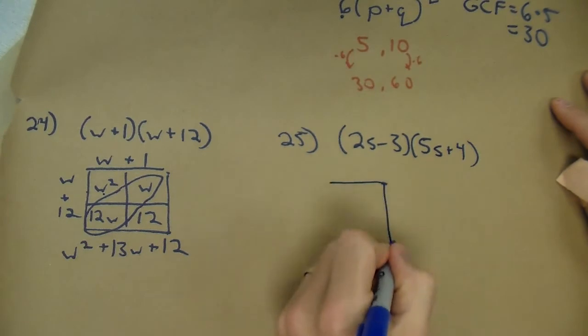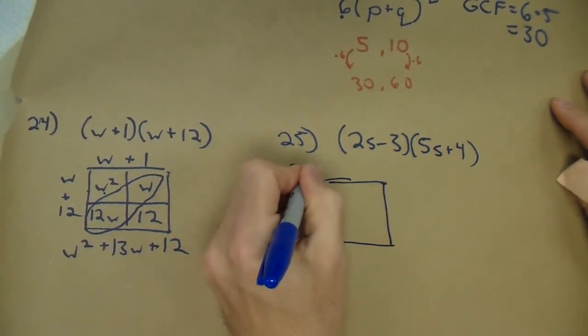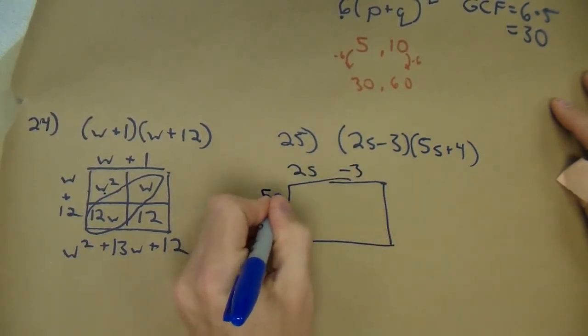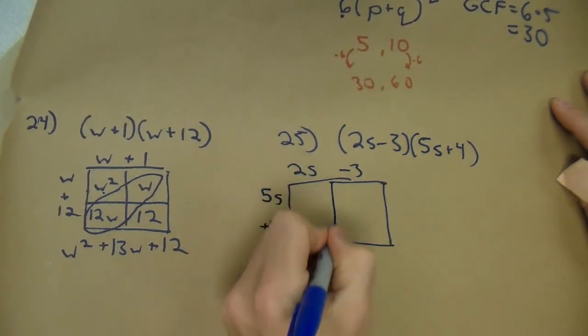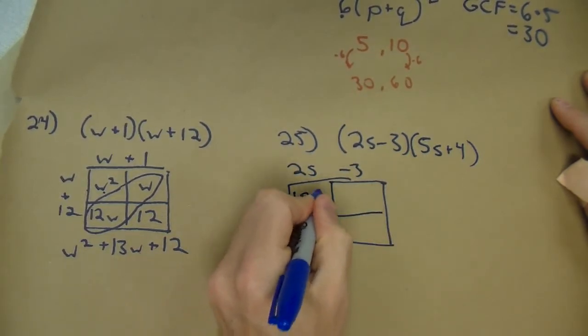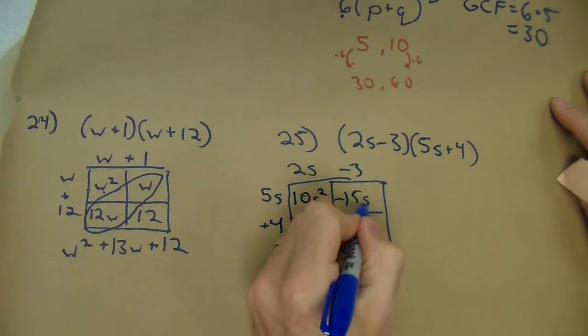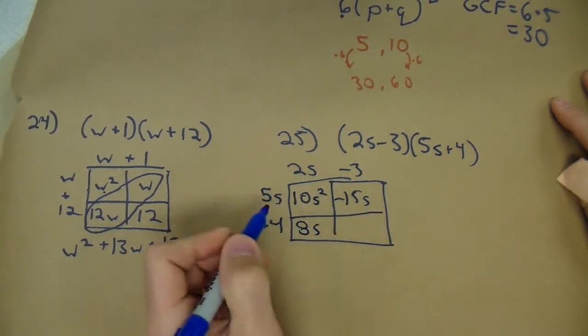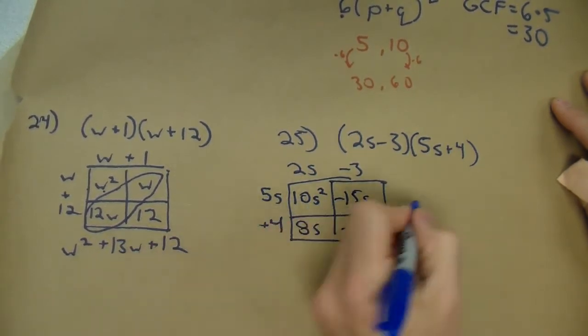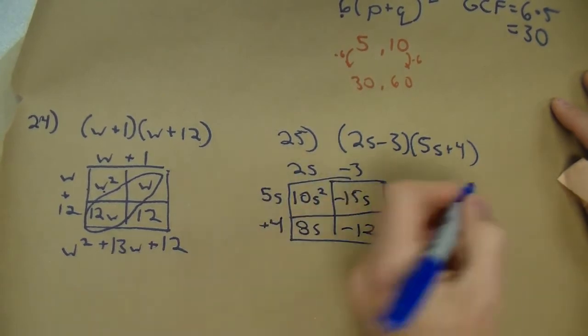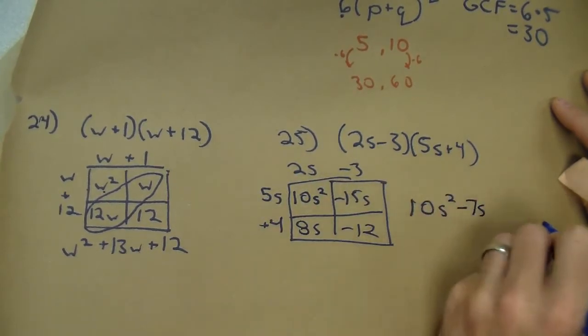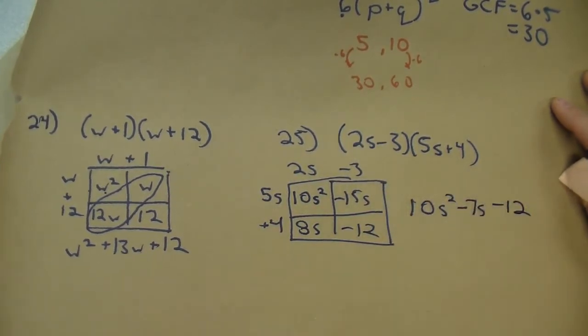So here we are, 25. We have 2s minus 3, 5s plus 4. I get 10s squared minus 15s, 8s, and minus 12. These combine to be 10s squared minus 7s minus 12.